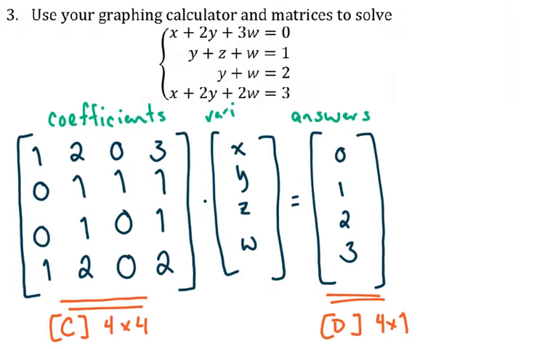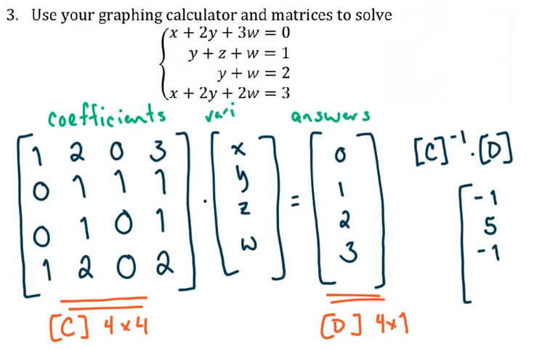Once you've done that, pause the video while you do that, and then from there, use the name function and type in C inverse times D, just like we did with A and B for the first example, and you're going to get the new matrix on your calculator, -1, 5, -1, 3, and these are your variables in the order that they've written here.